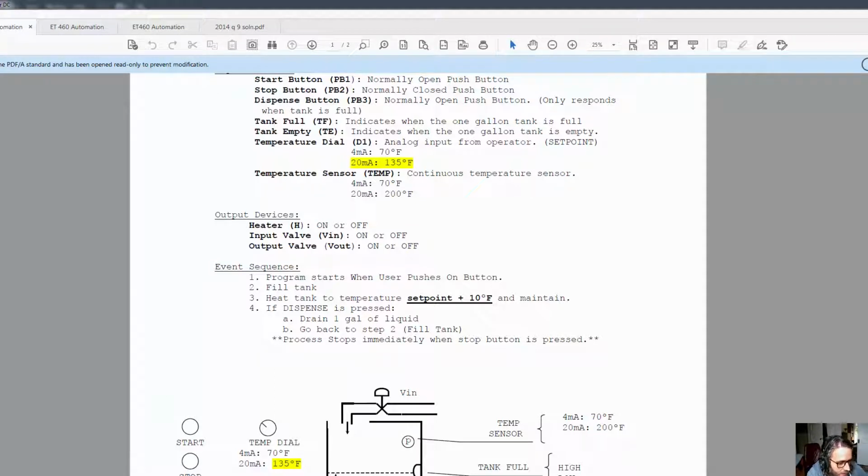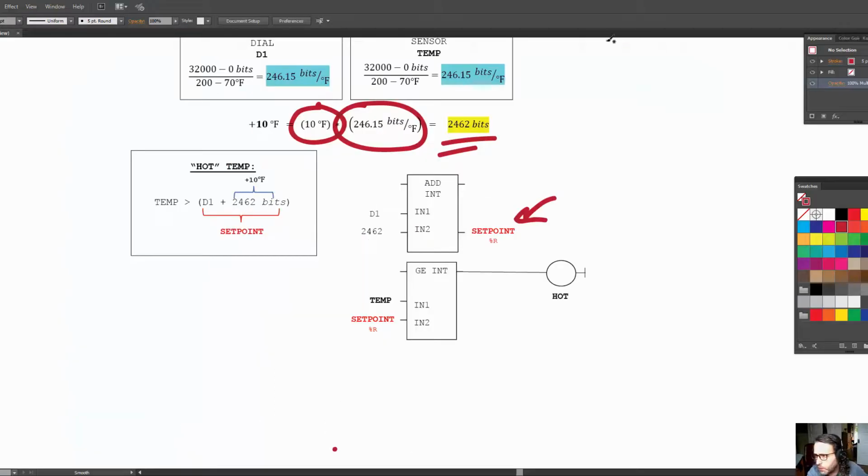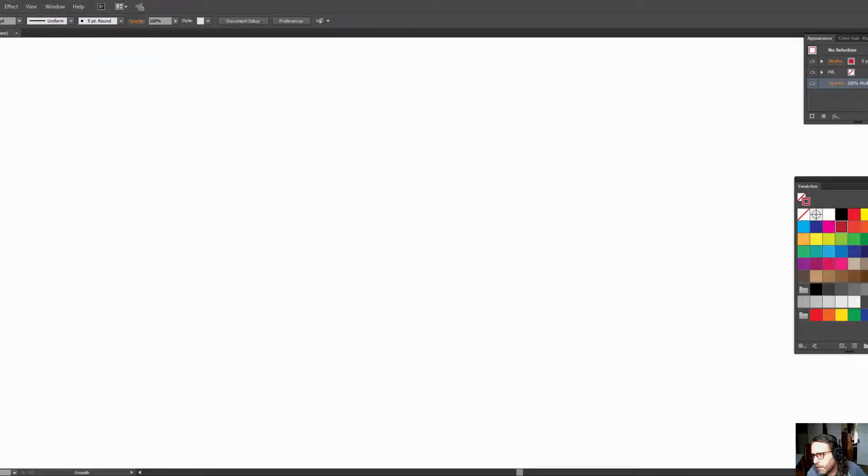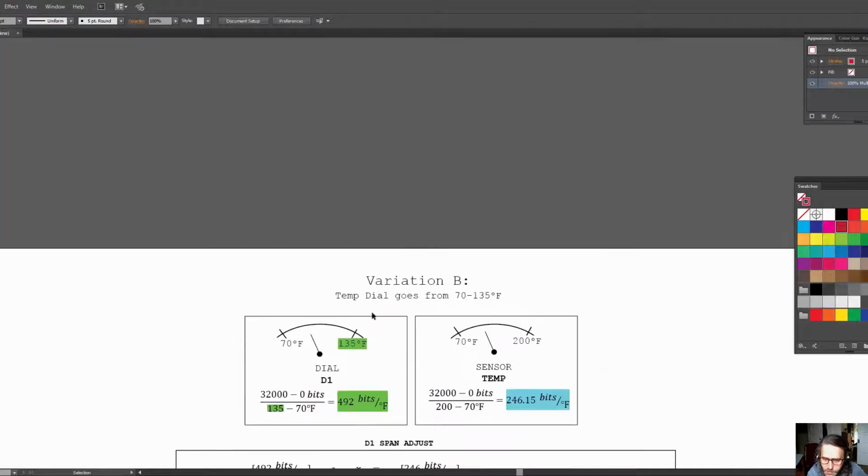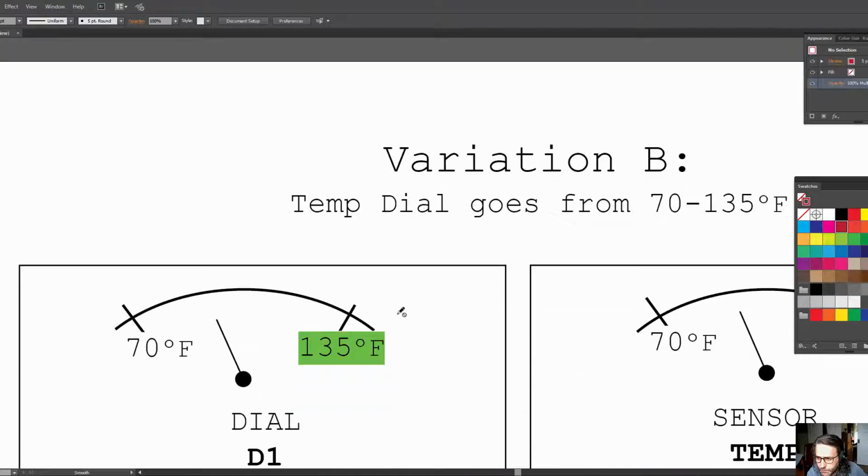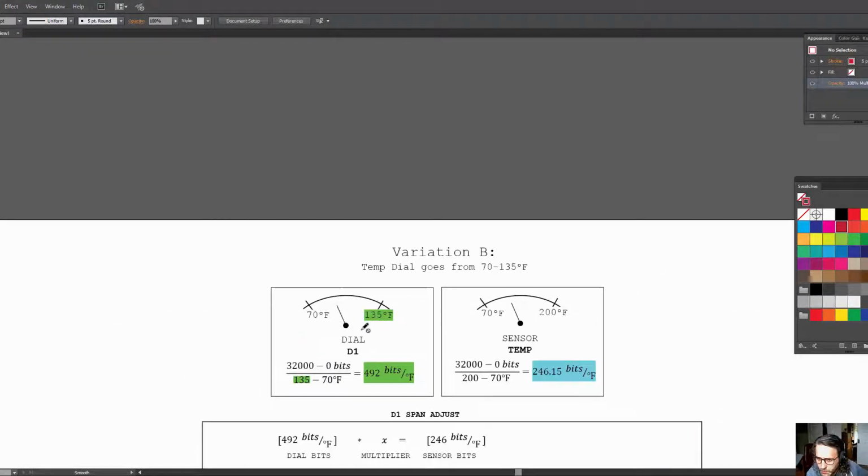And I'm going to go to my notes. So let me click over. Okay, so the difference here now is that we've got two scales, but now they're different. You've got the 70 to 135 on the dial and 70 to 200 on the sensor.